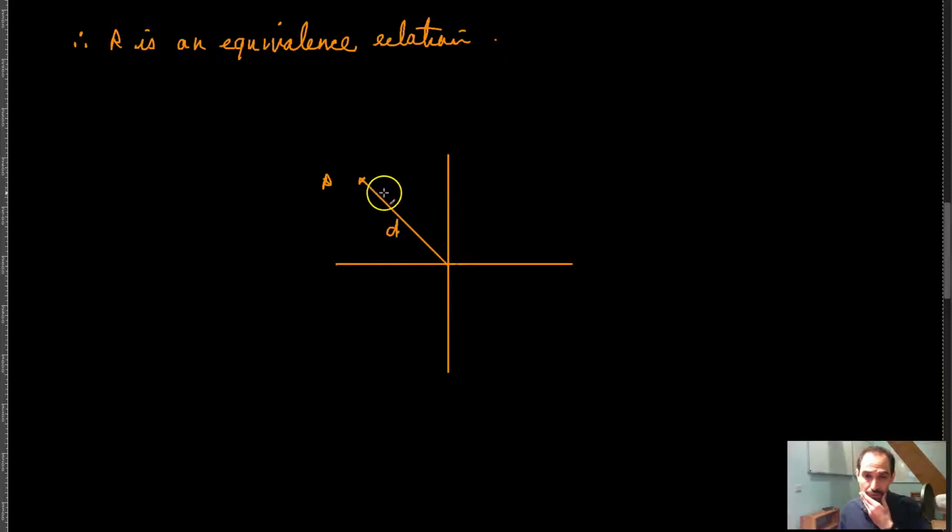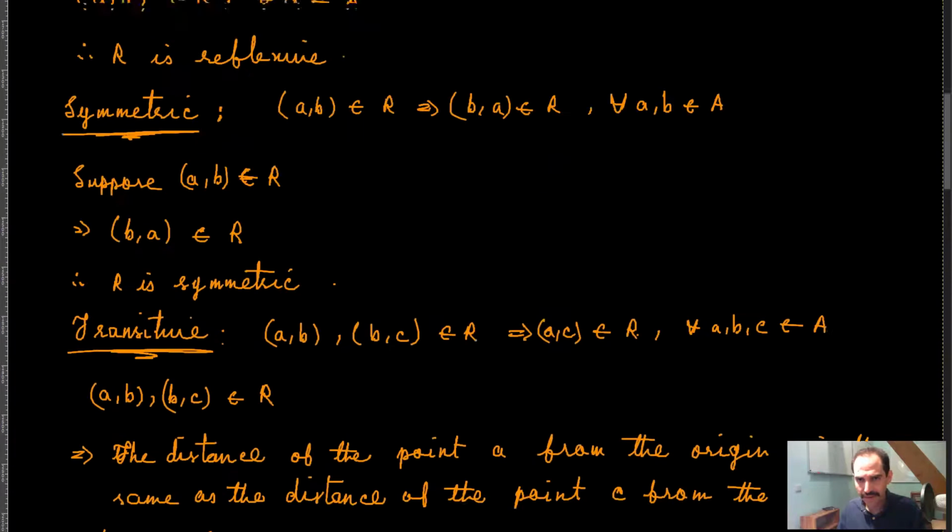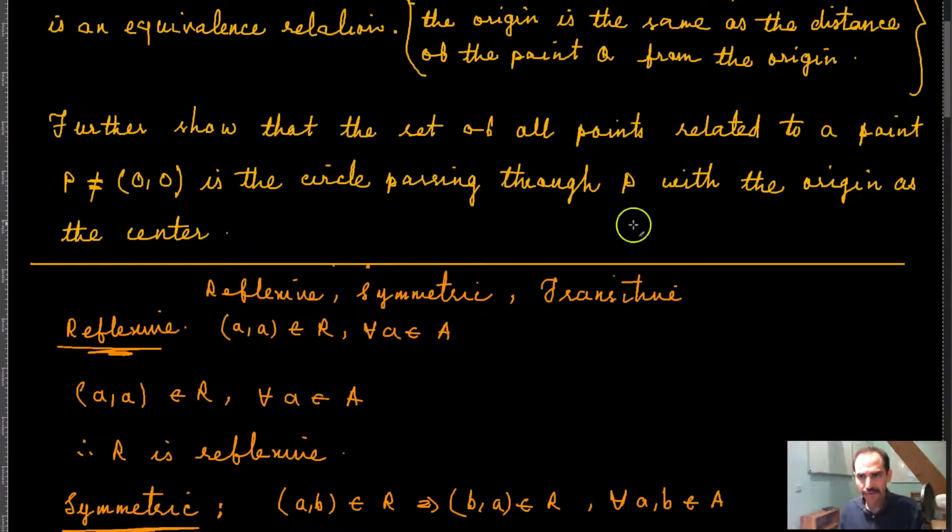Now the set of all points related to P is basically all the points in the plane that have the same distance as P from the origin. Meaning that you would come up with all of these points over here, and so on and so forth. So as you can see, you will come up with a circle that goes through P and has the origin as the center. That's basically the same thing, really. So that's basically what it means.